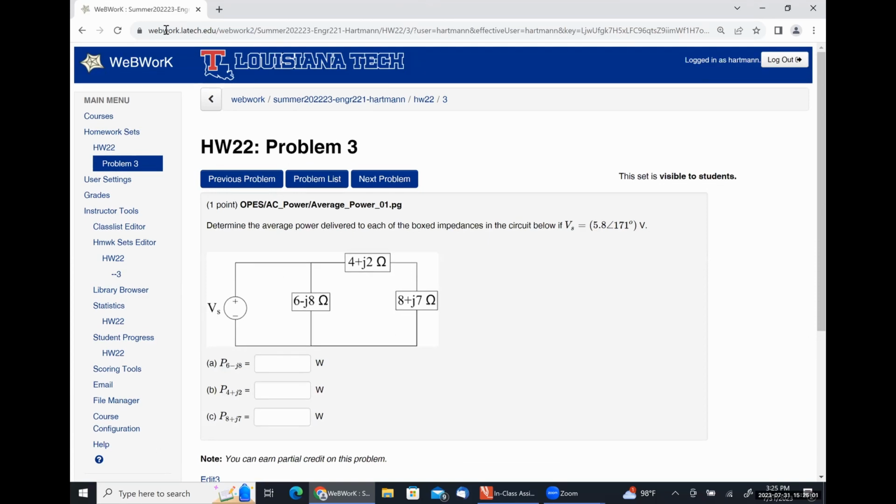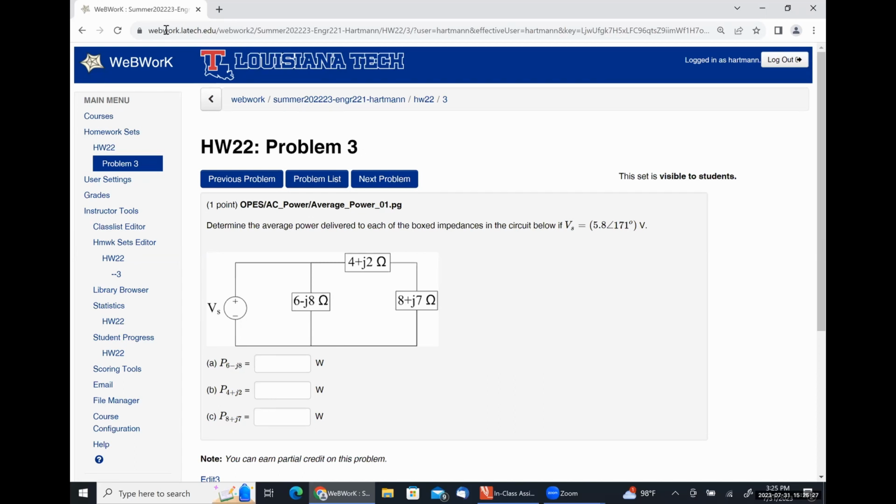For this particular problem, you're finding the average power delivered to each of these impedances if Vs is equal to 5.8 angle 171 degrees. Extremely similar to ICA problem number 3, except that now everything is a combination impedance, which means you won't be able to use our shorter equations, right?